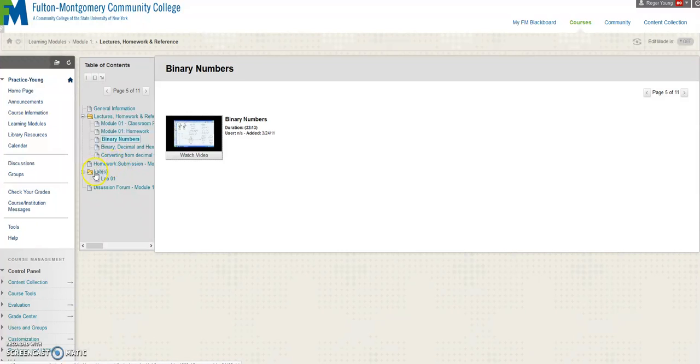Then we have another folder here called Labs. These are Word documents. It's the lab that they're going to be working on during that module. Every week there's a new lab. And they submit it, they upload it when they're finished with it to that section. And all this gets graded in the grade section. And then finally, at the end of the module, we have a discussion forum.